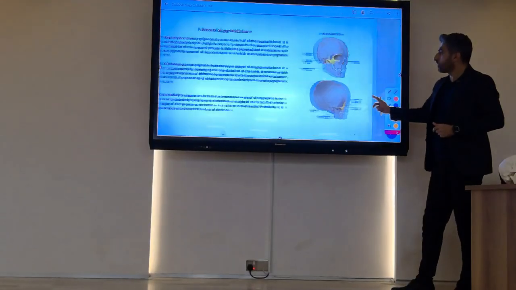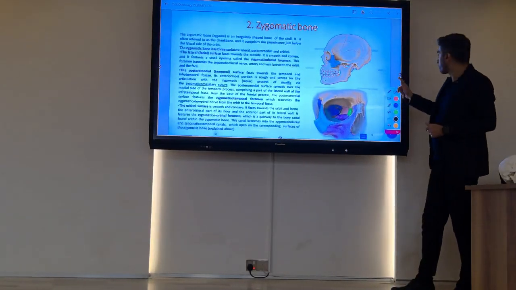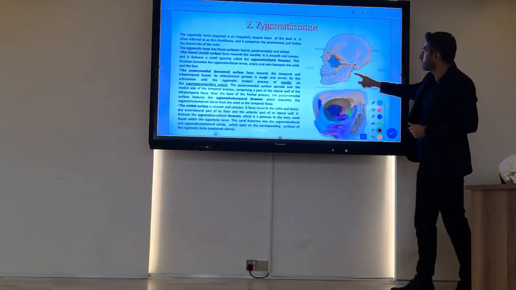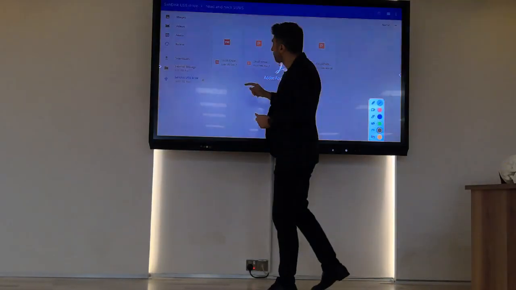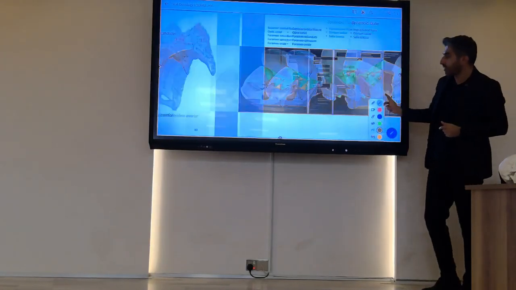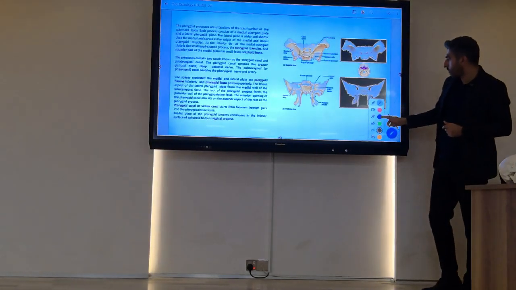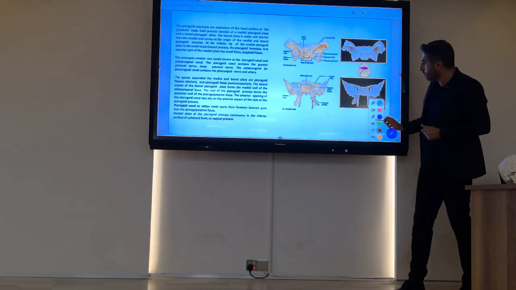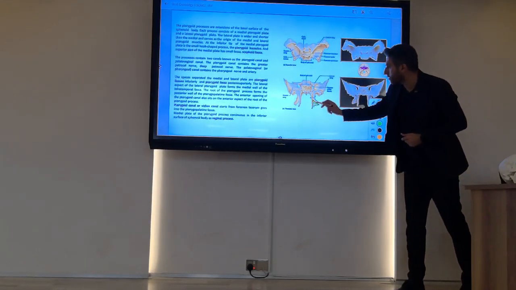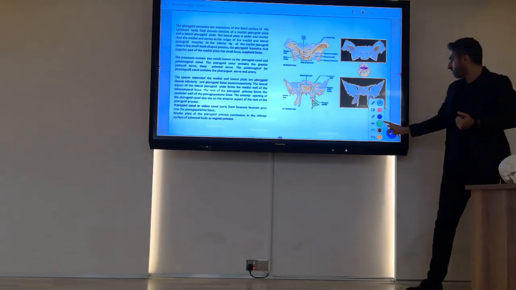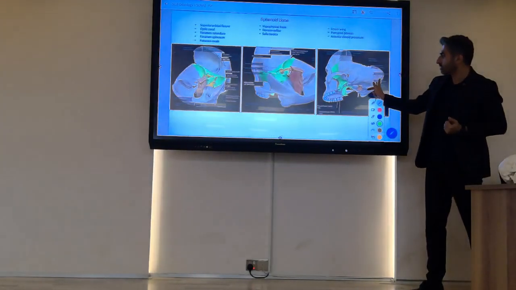In the pterygoid fissure, previous slide. Yes, you can see here. I told you we have the pterygoid fissure, this one, between the medial plate and lateral plate. The pyramidal process comes here, completes this. The pyramidal process of the palatine comes to this fissure, and you can see that here.